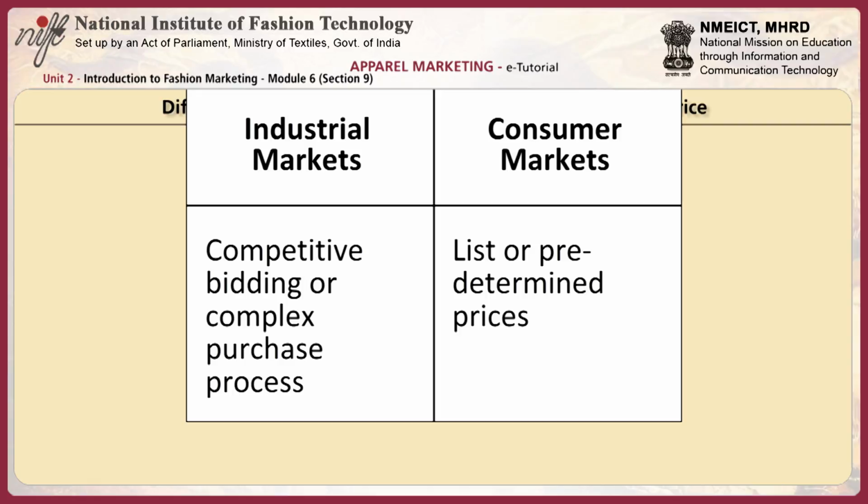So there are many complex ways of arriving at the price. Whereas in consumer markets, there is a list of predetermined prices. In some developed countries, products can be bought from various sources at different prices, but it is standard for consumers.